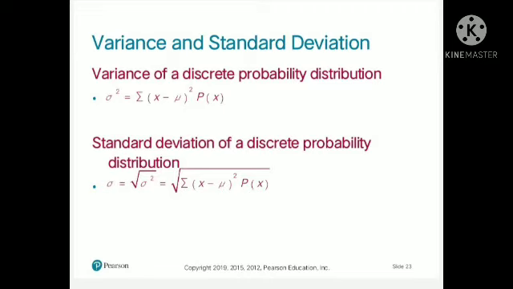The variance of a discrete probability distribution is the summation of x minus the mean squared times the probability of x. The standard deviation of a discrete probability distribution is the square root of the variance, or the square root of the summation of x minus the mean squared times the probability of x.